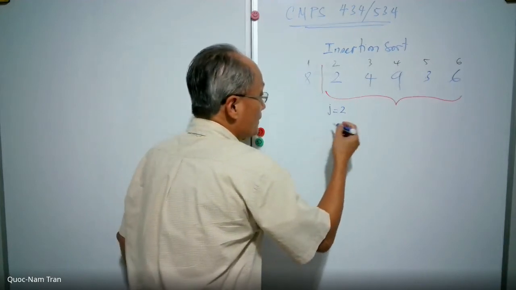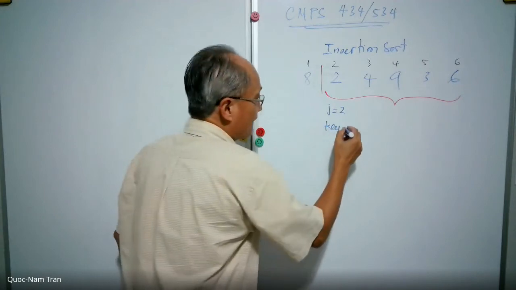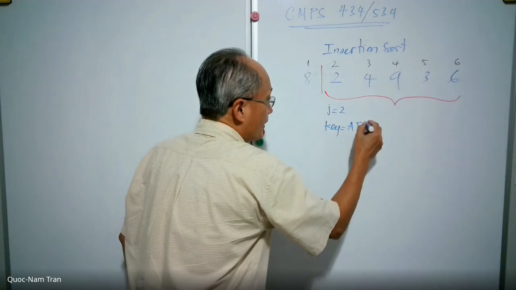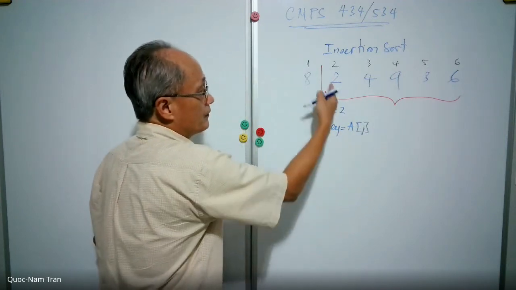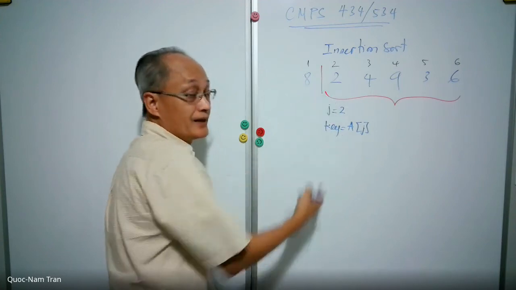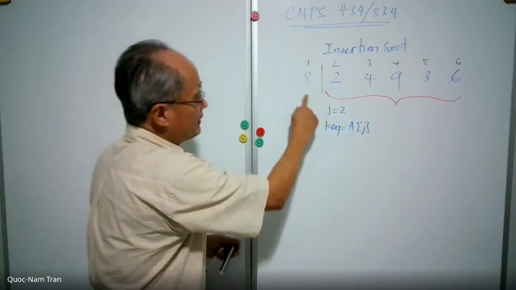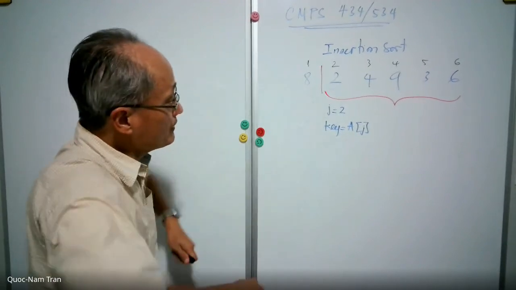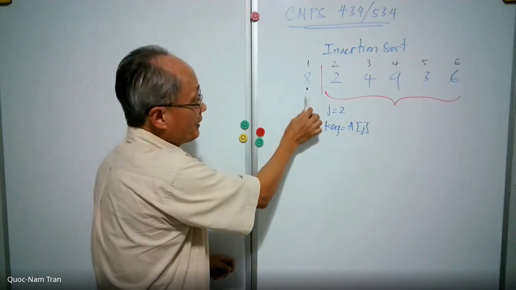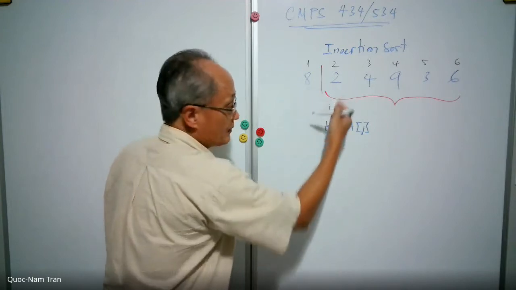So in other words, we will have another variable we call key, that is the value of this cell or this position. When we insert the element, we see how many elements we have in the sorted part. If it's bigger, we shift to the right one position.